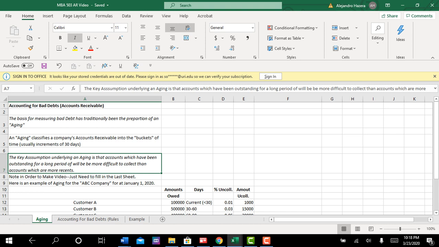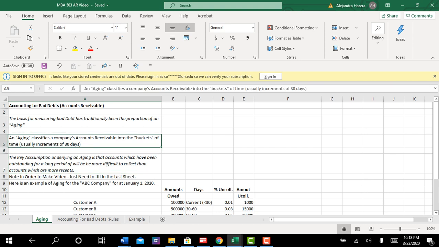So as an account gets older and older, the probability that it is uncollectible will go up. Okay, so those are the two aspects of an aging. First of all, it classifies accounts by buckets of time. And I worked for a bankrupt electrical contractor many, many years ago, and I was in charge of accounts receivable, and I could see that you age everybody's account. Okay, now here is an example of an aging.